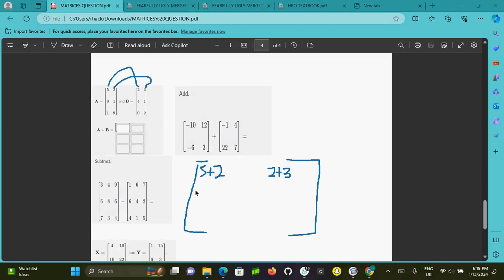Then 0 plus 4, then 1 plus 1, then 1 plus 0, then 9 plus 2.